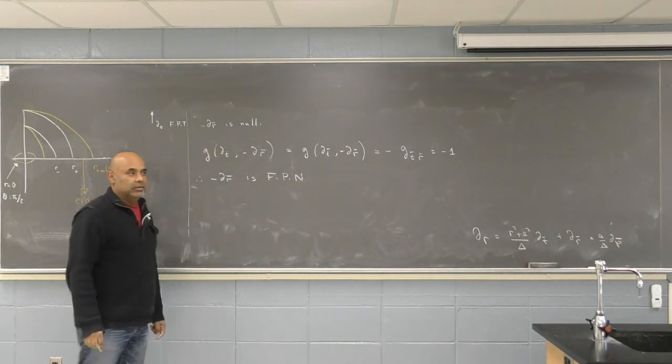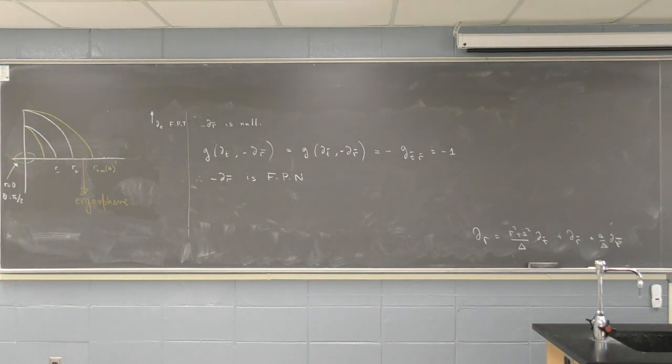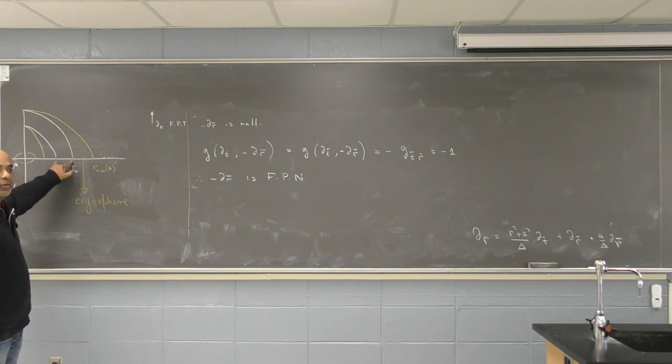We talked about this last time. One way to realize if a vector is future pointing: you take an inner product with another future pointing vector, and if the inner product is negative, you have a future pointing vector. Good news is the metric is not singular over the horizons.